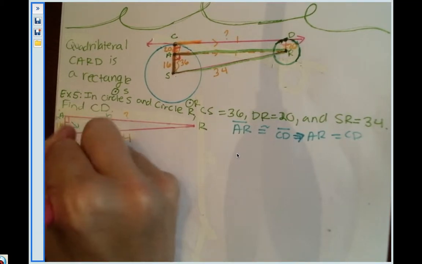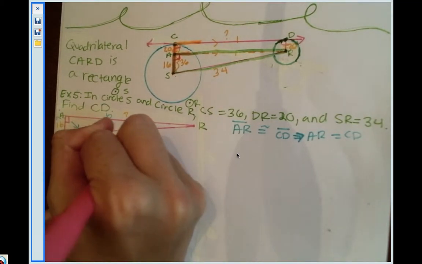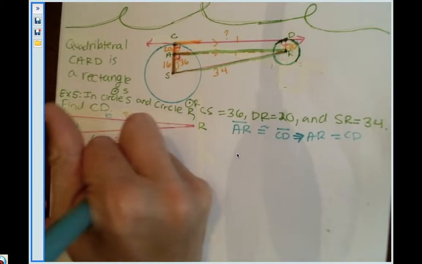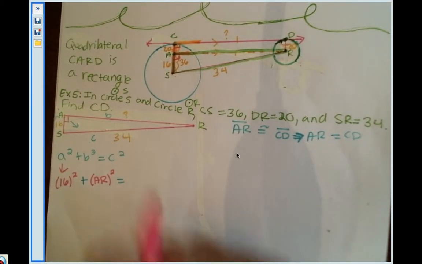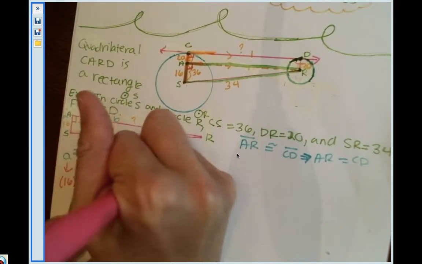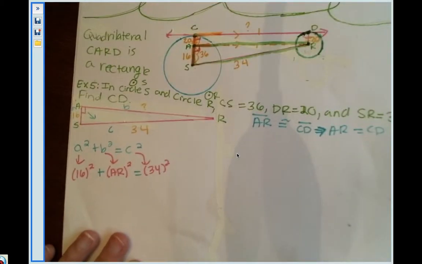So this is AR squared, equals C squared, which is 34 squared. We just have to solve for AR, which means we'll find CD, and then we'll be done. All right, let's get going.